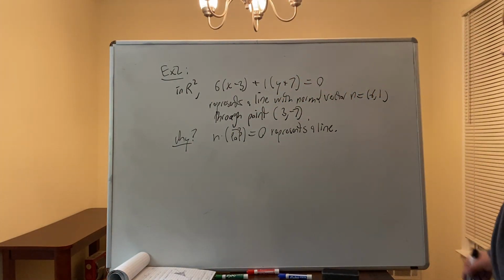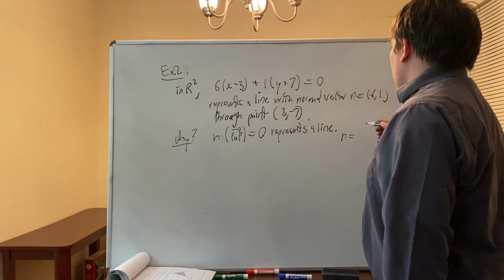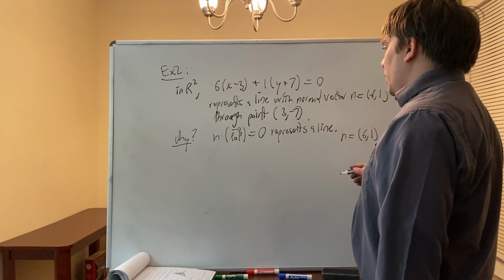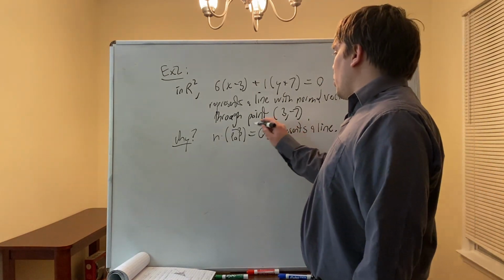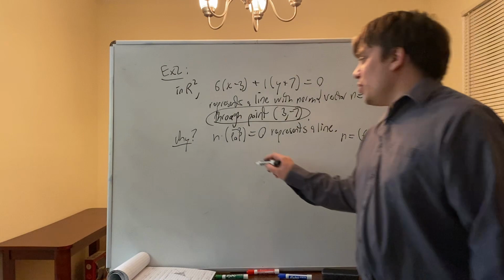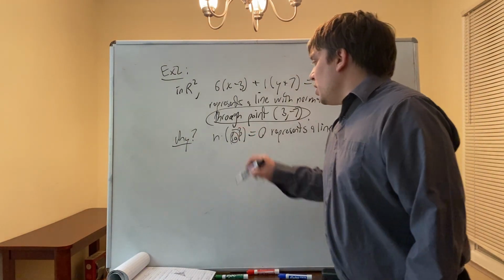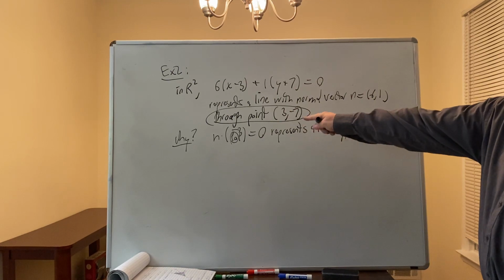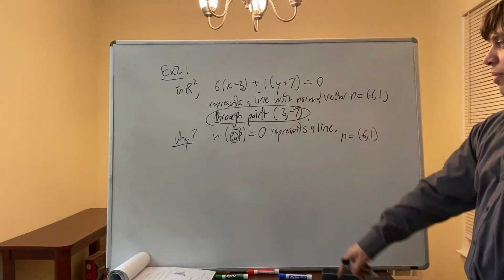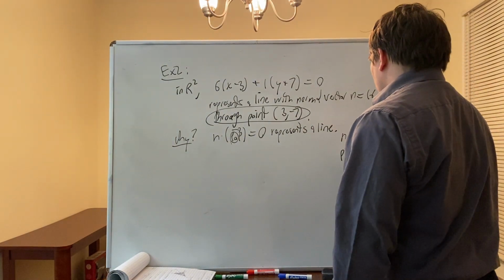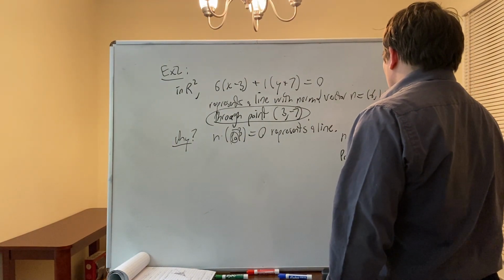Here, what matters is that n is equal to 6 comma 1, and the line goes through the point 3 comma negative 7. And so I'm going to choose p naught to be a point on the line. Since it goes through 3 comma negative 7, p naught is going to equal 3 comma negative 7.